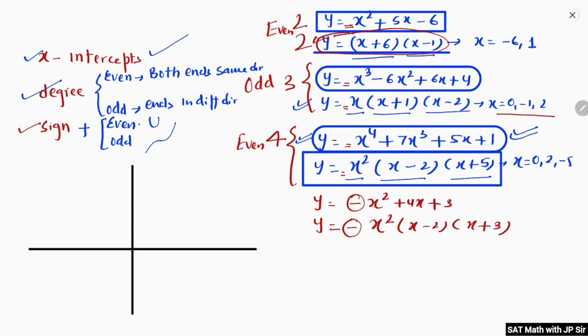But when the sign is negative, then if it is even, it will be in the downward direction, and if it is odd, it will be this kind of thing. And if it is even but the sign is negative, it will be this, or this, but both the ends will be in the downward direction.